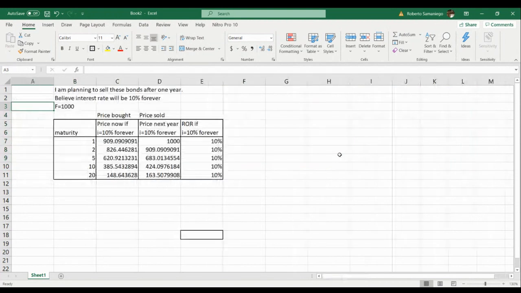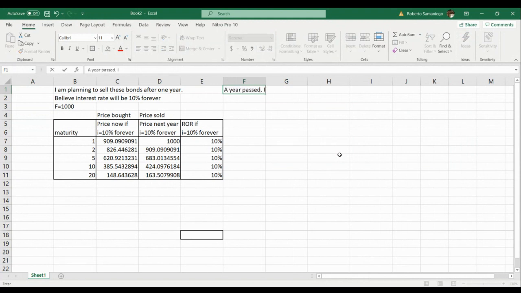So far so good. What we need to do now, however, is look at what happens if things didn't work out as we expected. So what if the year passed? It turns out that after a year, beliefs have changed.